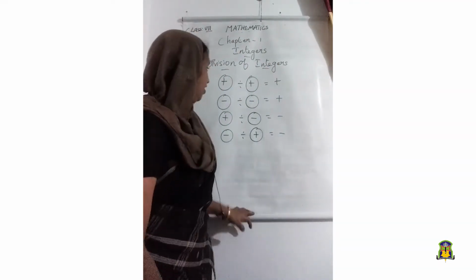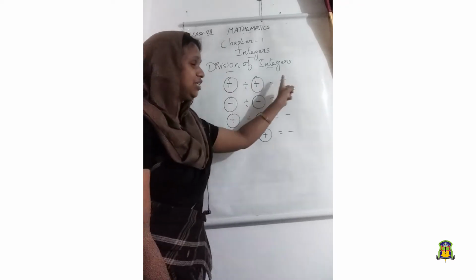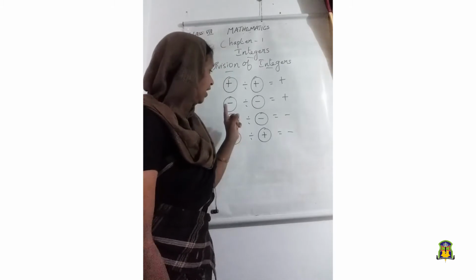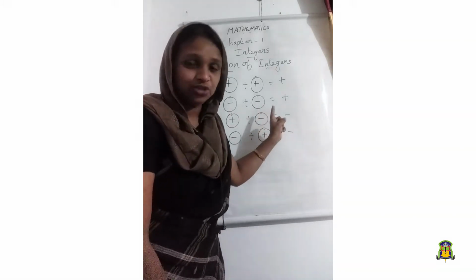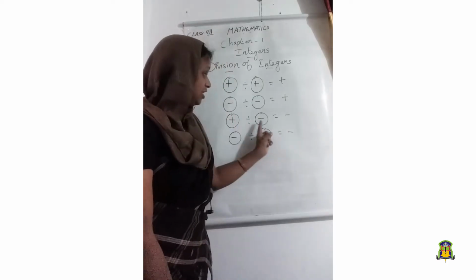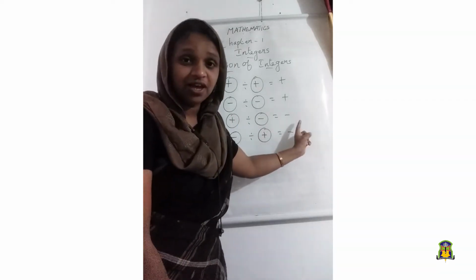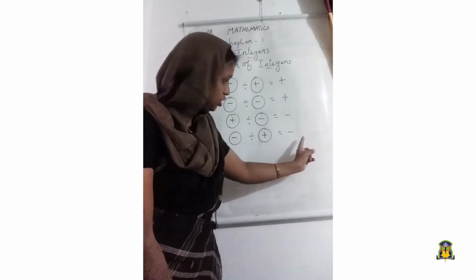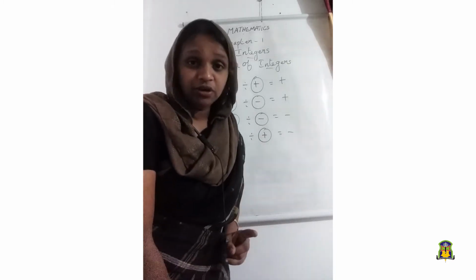The rules are: when a positive integer is divided by a positive integer, the answer is a positive integer. Negative integer divided by negative integer, the answer is a positive integer. Positive integer divided by negative integer, the answer is a negative integer, and negative divided by positive, again it is a negative integer.